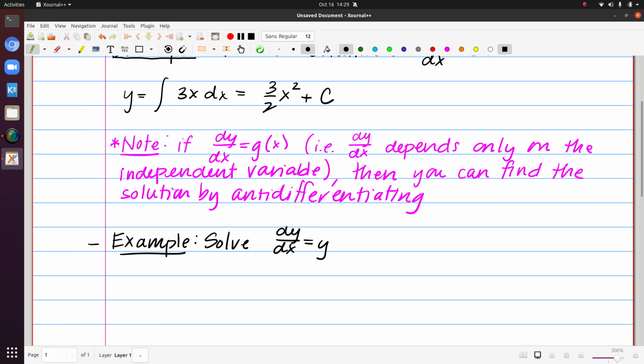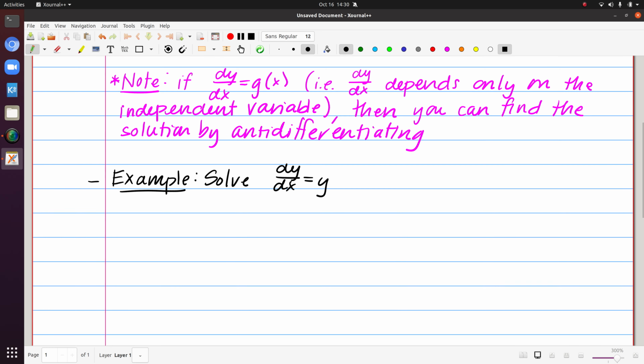So here, the important thing is we can't anti-differentiate with respect to x like we did above, because that would say, what is the antiderivative of y, which is a function of x, when the whole point of this question is we're trying to find out what y is. So how could we find its antiderivative? So there's this kind of complexity that comes into play when we have y here.